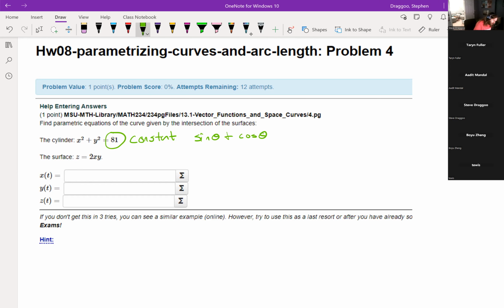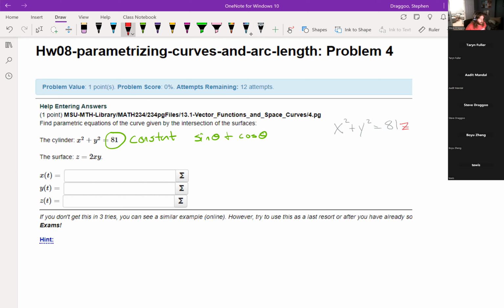If we had something slightly different, something like x squared plus y squared equals 81z, so a slight alteration to our equation.